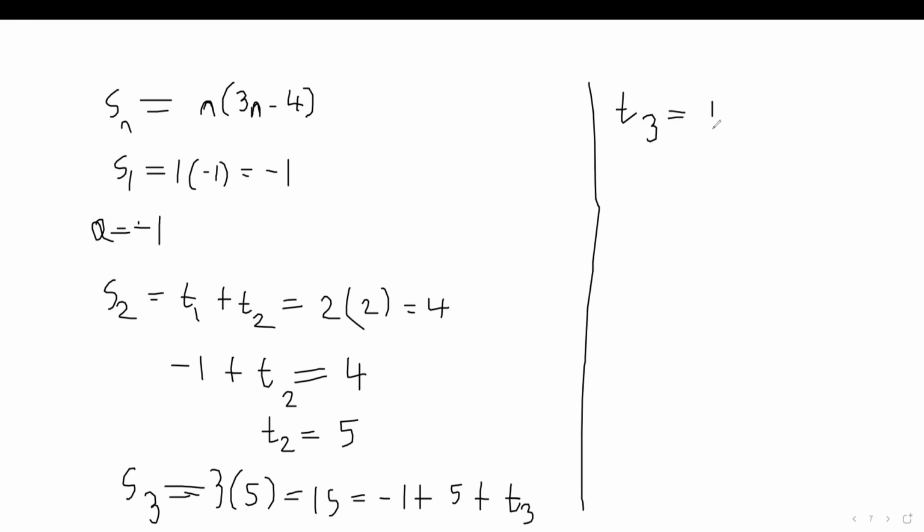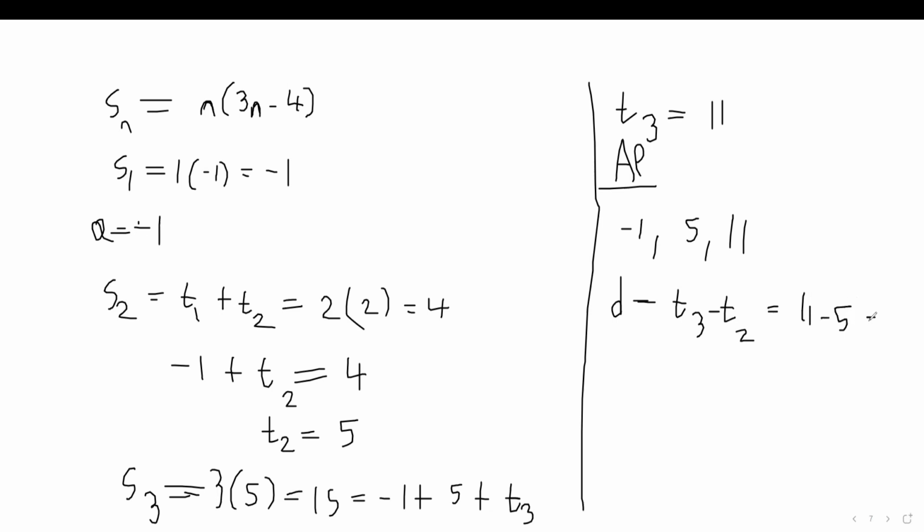So just to write out the AP as a list, the terms are: T1 is minus 1, the next term is 5, the next term is 11. Now to show the common difference, it is T3 minus T2, which is 11 minus 5, which gives 6.